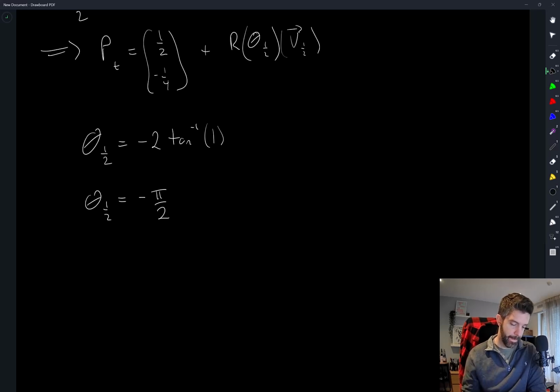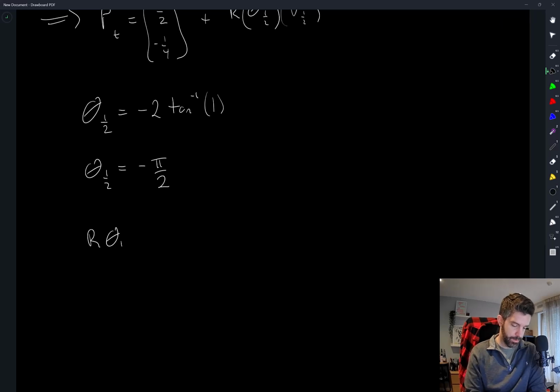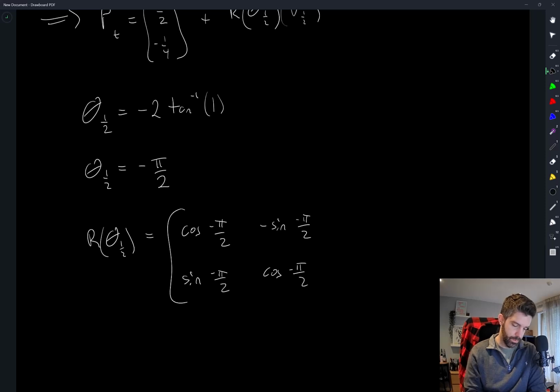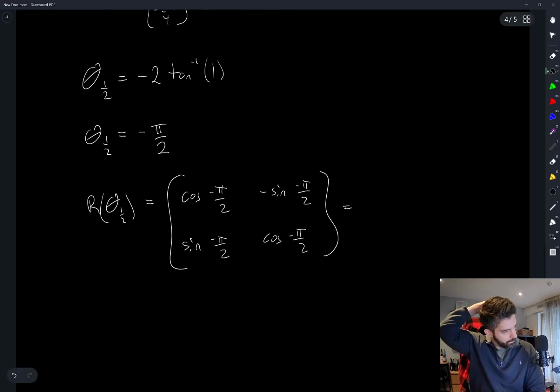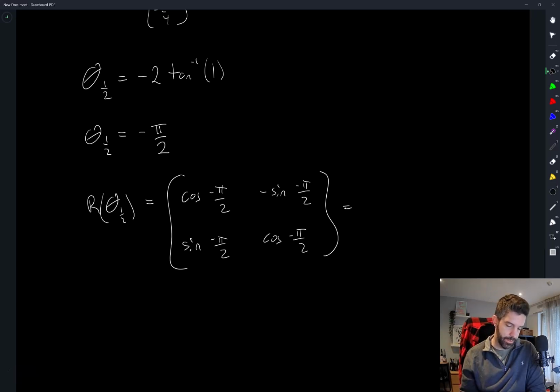Okay. So then r of theta is cosine negative pi over 2, negative sine negative pi over 2, sine of negative pi over 2, and cosine of negative pi over 2. Pi over 2 is 90 degrees. So that's 0, 1, negative 1, 0.